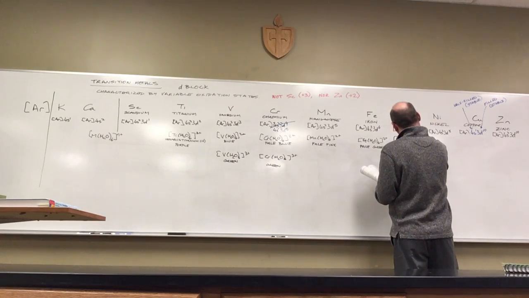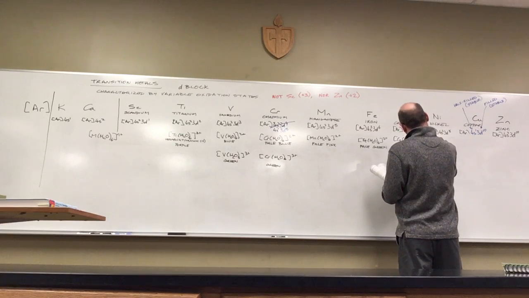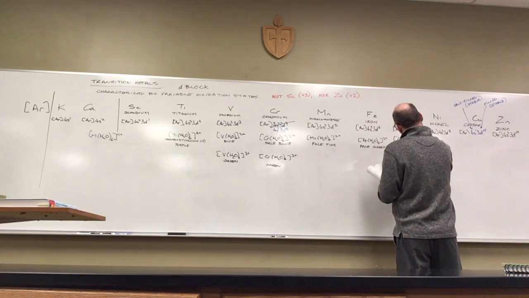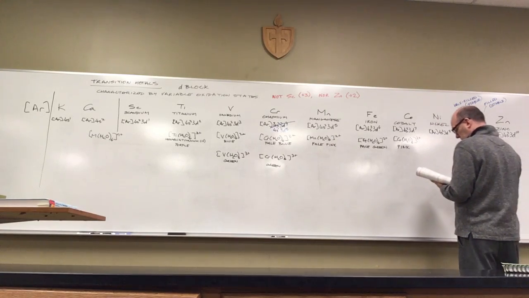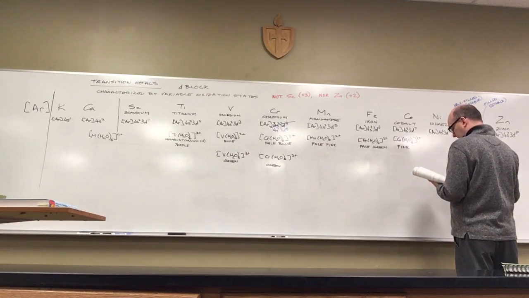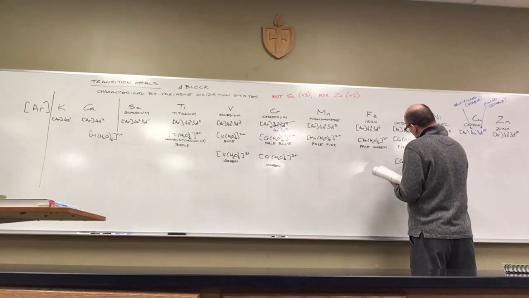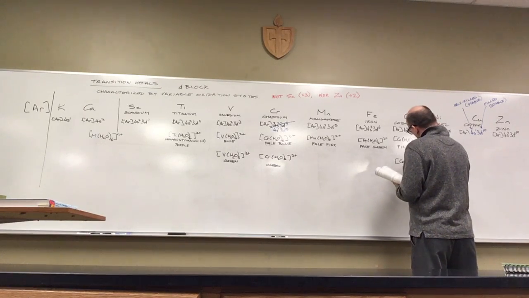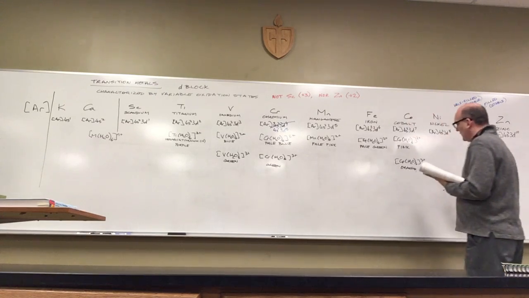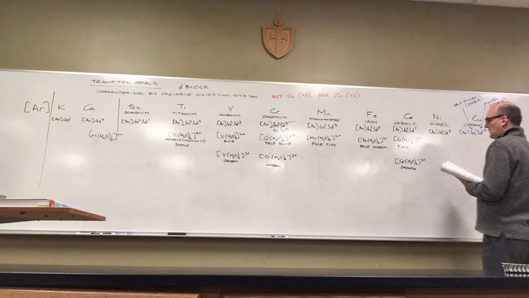Cobalt has a famous two sets of colors. Cobalt 2+ is pink, and 3+ is orange. There is another color associated with cobalt. We're going to have to come back and look at that.